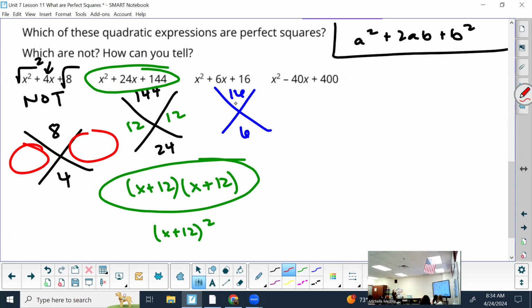When it's multiplying to a positive 16 and adding to a positive 6, I can't think of anything, especially not where it's the same number. So I would go with this one is not a perfect square. It might not even be factorable. But anyway, over here, last one we'll try: 2 numbers that multiply to 400 but add to negative 20.